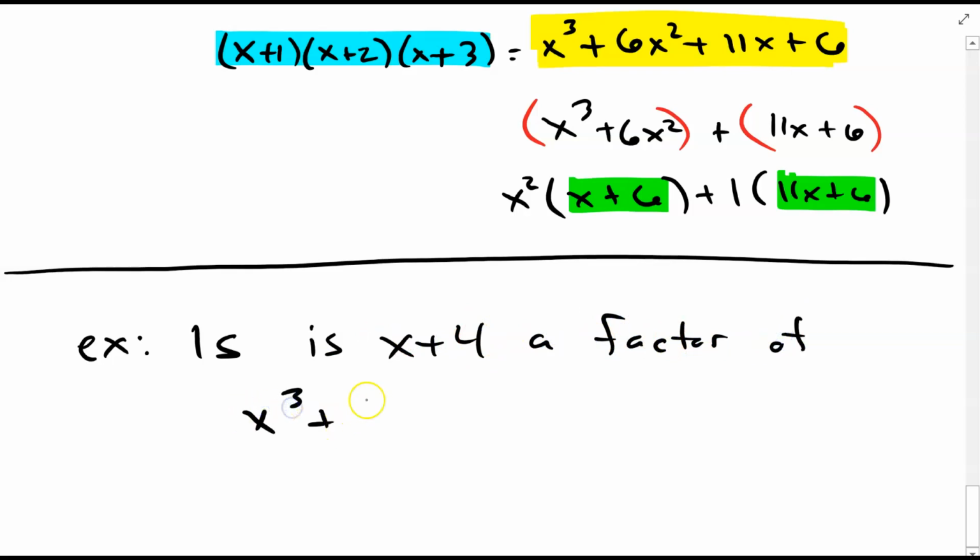And to do these examples, I'm going to use this polynomial that I just created for you guys. So maybe we ask, is x plus 4 a factor of this polynomial x cubed plus 6x squared plus 11x plus 6?